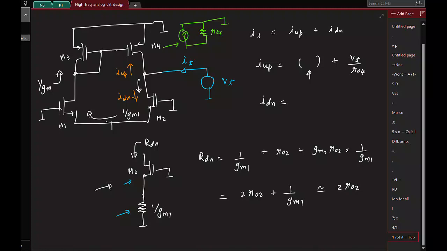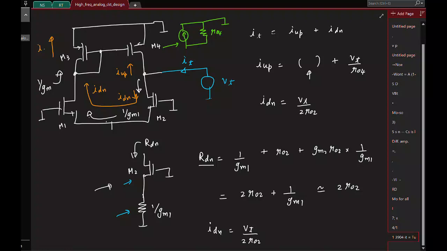Okay, so if this is R down, what is the current flowing down? Vt by this impedance, which is basically Vt by 2 R02. Okay, so this is the current I down that will also flow here through the transistor M3.